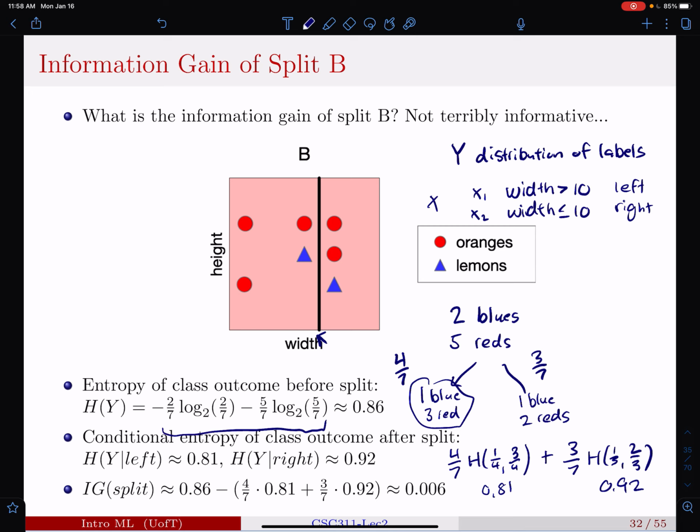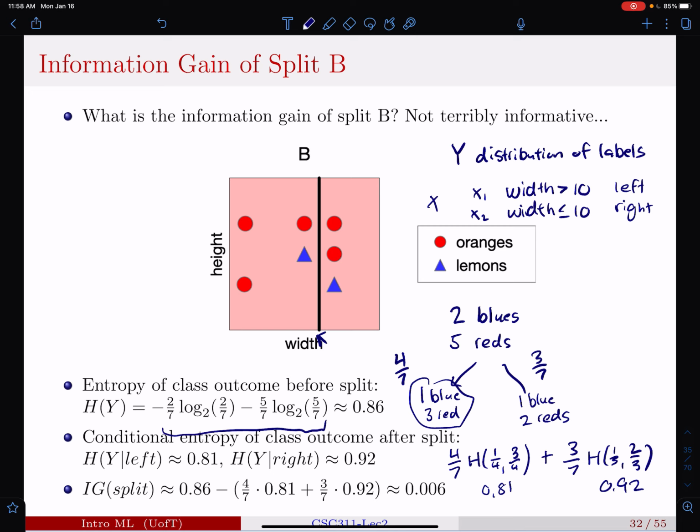Remember, we're turning the number of counts into a distribution and figuring out what the entropy is. Does it matter if it's 1/4, 3/4, or 3/4, 1/4? It doesn't matter, because it's a sum, so the order doesn't matter.